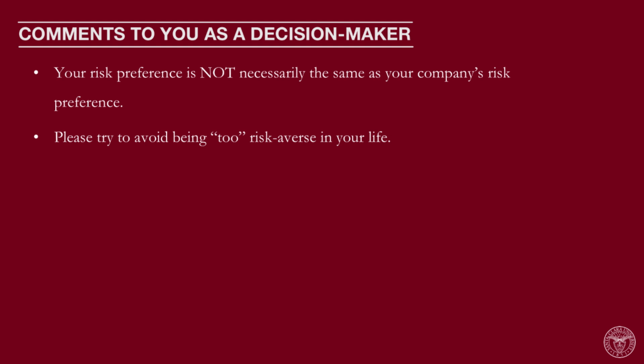So as a manager or CEO of your company, you need to take your risk preference into consideration. And it's very important for you to try not to be too risk averse in your life. If you are too risk averse, you are going to lose many opportunities. Thank you.